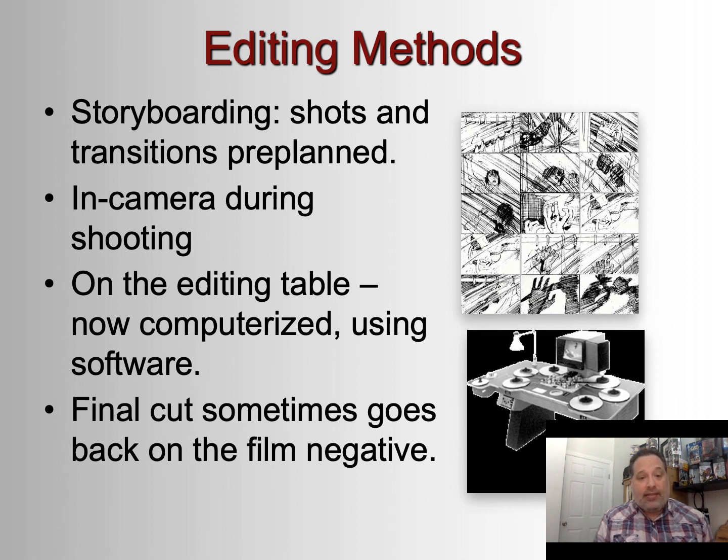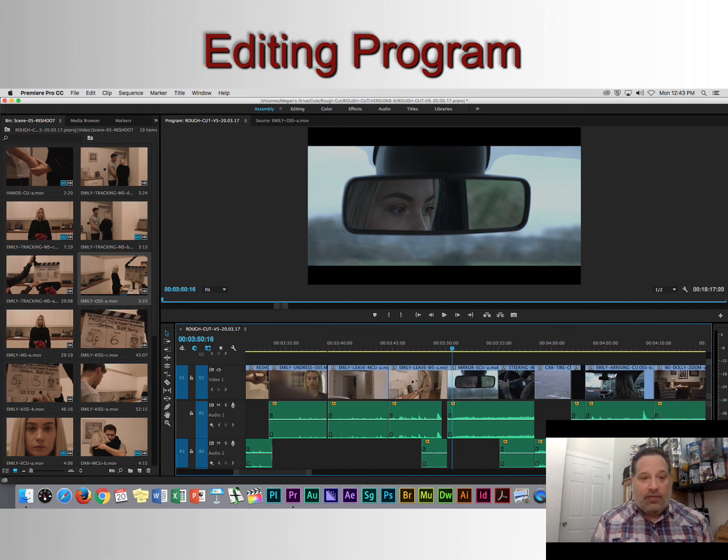And then the editing table is now computerized using software is where the edits happen. And here is an example of a common editing program that's used in the industry, Adobe Premiere Pro. And you can see the way that it's laid out. You have a variety of shots on the left. You have the shot that's being worked on at the top, and then the cuts at the bottom, the length of shots, where they could be trimmed, moved around, and so on.